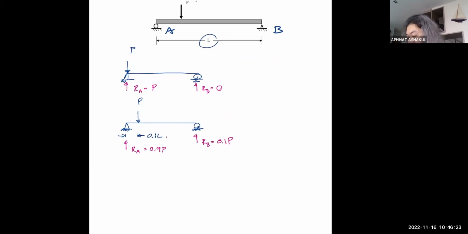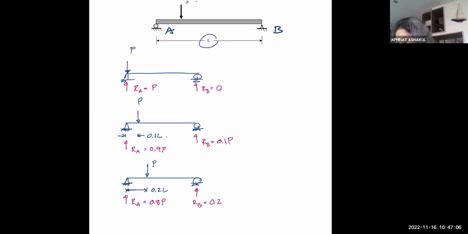Again, we will continue to move this. Let's say P now moves to the location at the length equal to 0.2 L. Similarly, you can take moment, or you can just look at the big picture and tell me right away that RA is now going to be 0.8 P, and RB is now 0.2 P, right?